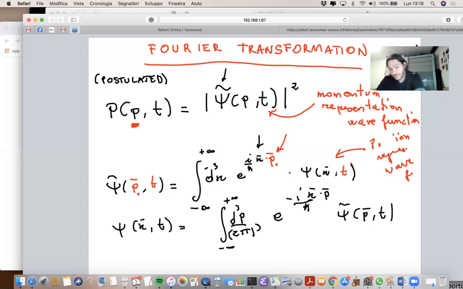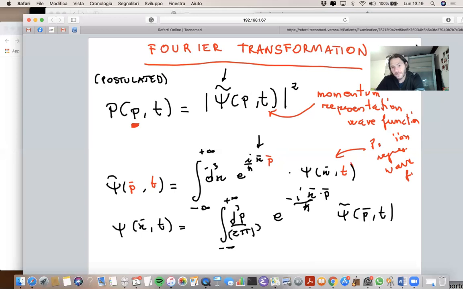If you want a different value of p, you evaluate this integral at a different value, say p prime, and so on and so forth. You continue doing this for every single value of p you might want.